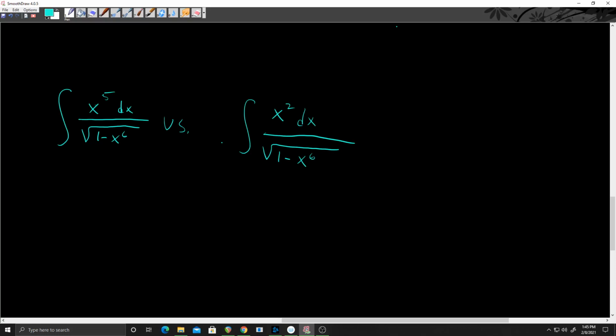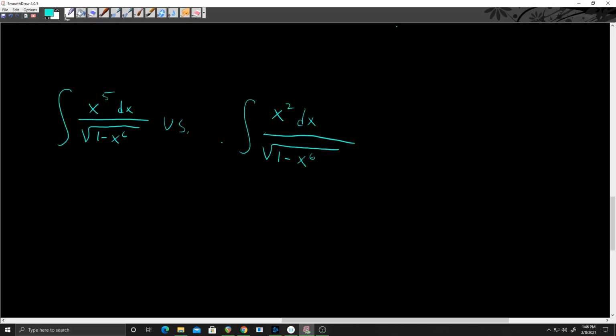These are done differently, just like what we were just talking about. The way you should always think about these types of problems is, here, if u is 1 minus x to the 6, if u is the entire thing here, then du is going to be something x to the 5, which is exactly what we have here. Meanwhile, over here, if we try the same thing, if u equals 1 minus x to the 6, we still need something x to the 5 for that to work. And if you look in the top, we don't have x to the 5.